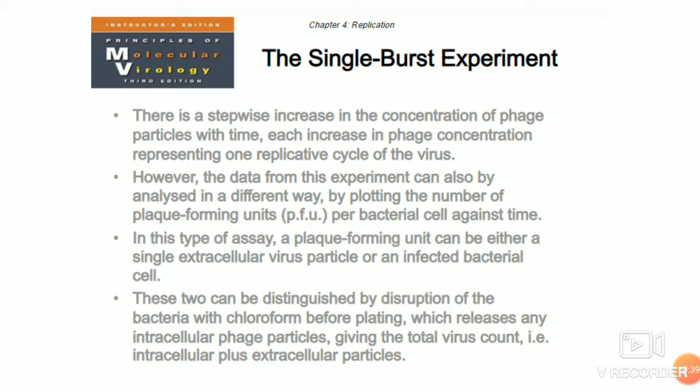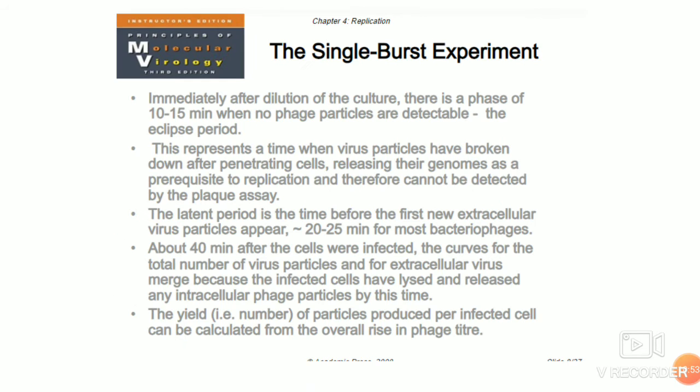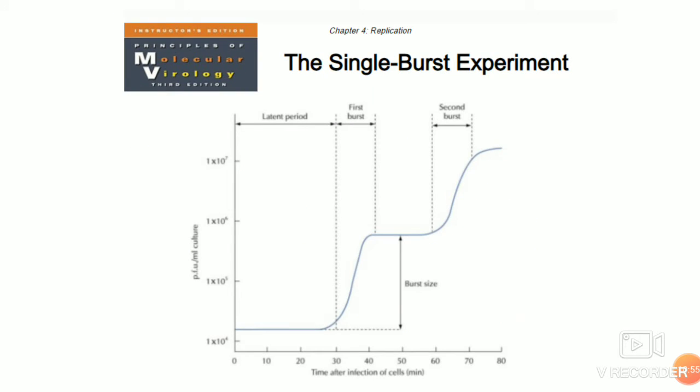In a single burst experiment, there is a stepwise increase in the concentration of phage particles with time. Each increase in phage concentration represents one replicative cycle of the virus. If you see the picture, it will be very clear. You can have a diluted virus load, or the experiment can be done using a diluted bacterial or host load.